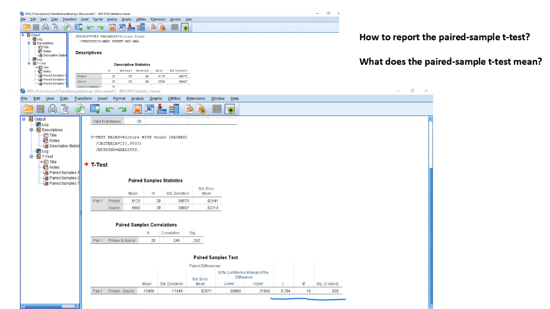And so what does the paired sample t-test show? It shows that participants showed higher recognition memory for pictures compared to sounds. As you can see, it's 0.81 and then 0.65 for sounds. But you're just eyeballing it, and so you need the statistical test to make sure you're correct.